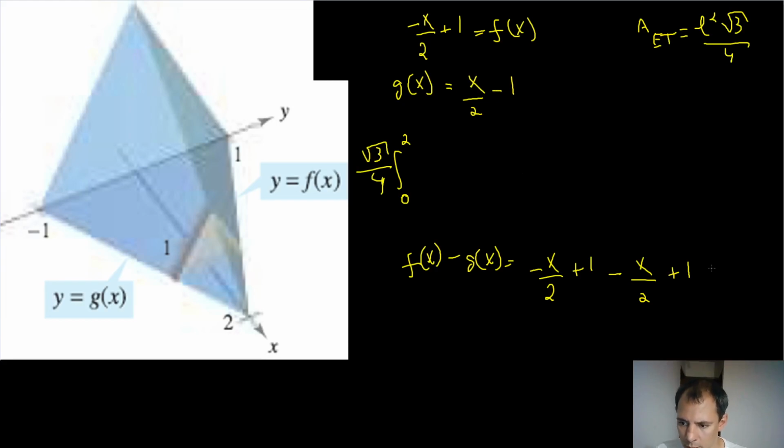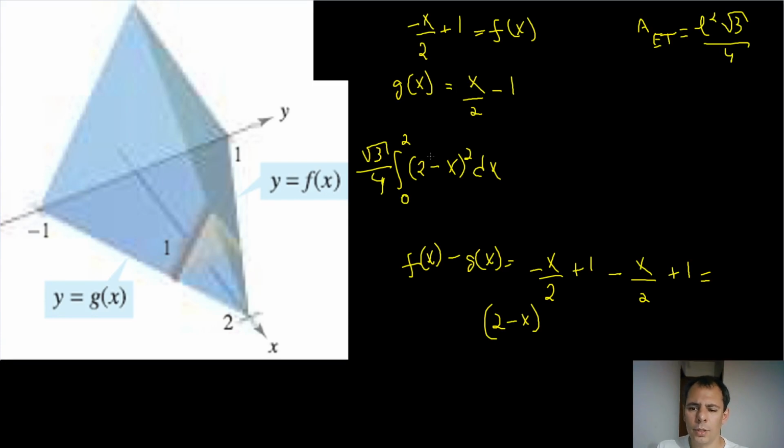So it's going to be actually 2 minus x, right? Minus x divided by 2 minus x divided by 2 is minus x, and there's the minus x. And 1 plus 1 is 2, here's the 2. So it's going to be this thing, 2 minus x squared dx.